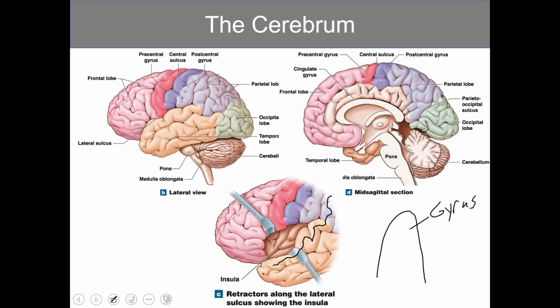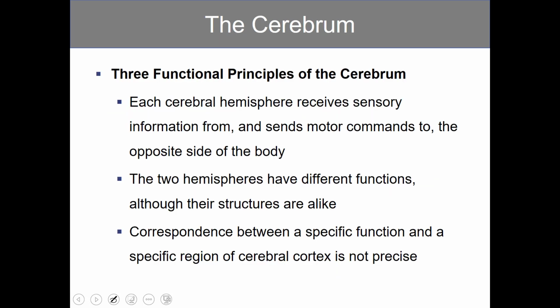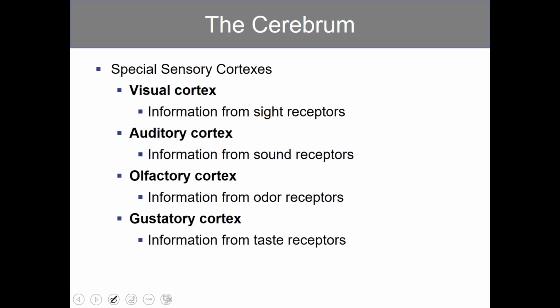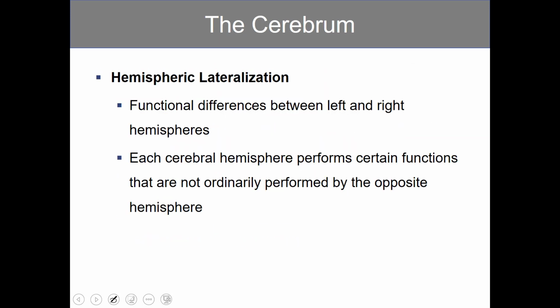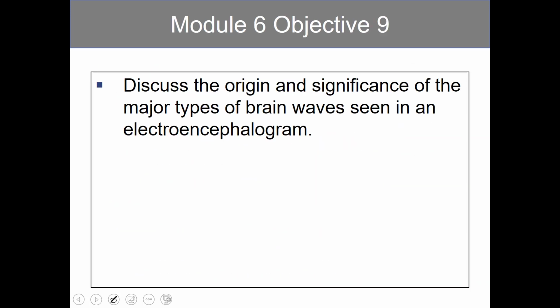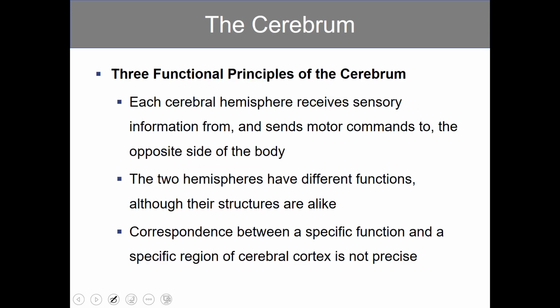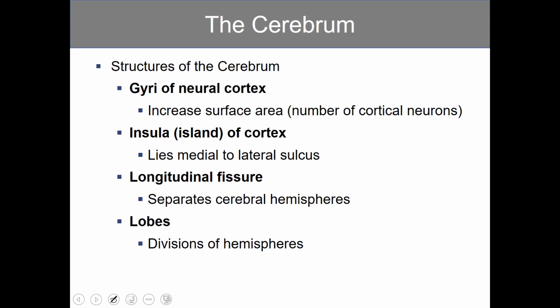If you look at the cerebrum as a whole, we notice that there are two hemispheres, a left and a right hemisphere. And those hemispheres are separated by the longitudinal fissure. The longitudinal fissure separates the two cerebral hemispheres.